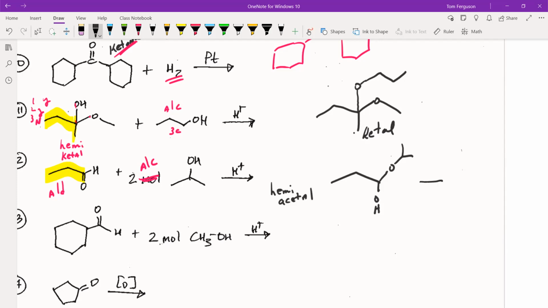So we look at the backbone again, and then where the OH is going to be another one of these alcohols. So this is the hemiacetal, and this is the acetal.